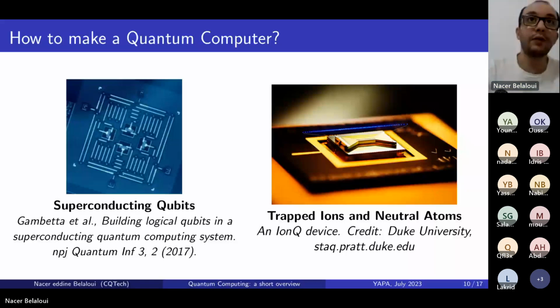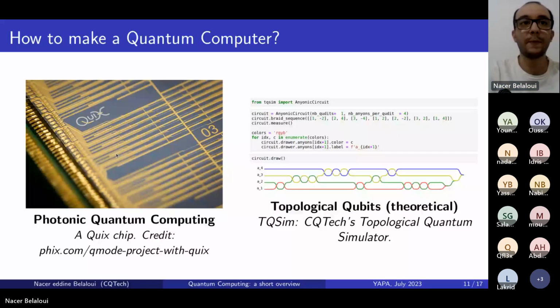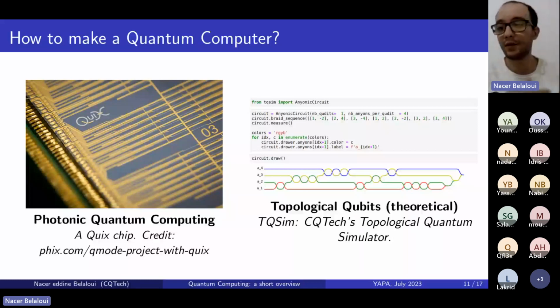Another platform for quantum computing is photonic quantum computing. Here we use photons. This picture is a chip from a company, I think a Dutch company called QuiX, and they fabricate quantum computers based on photons. Now, photons, again, have advantages and disadvantages.